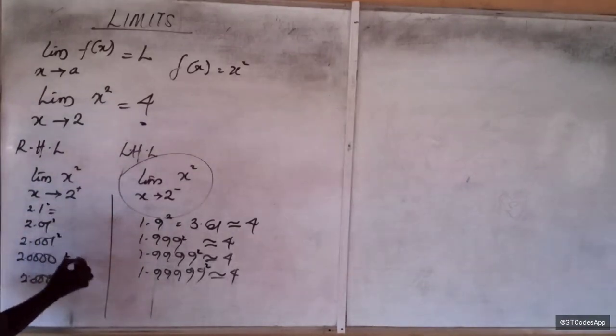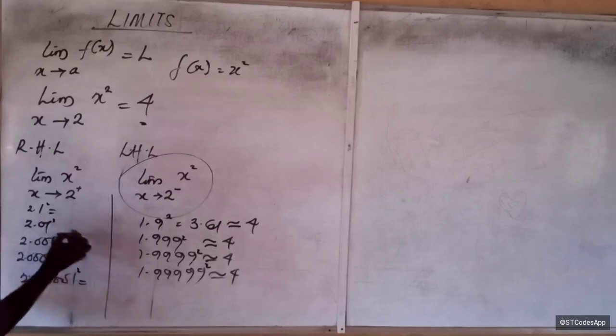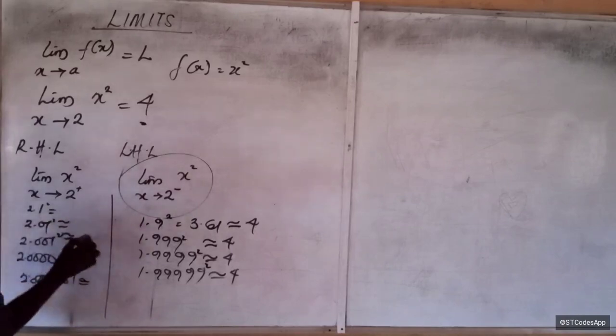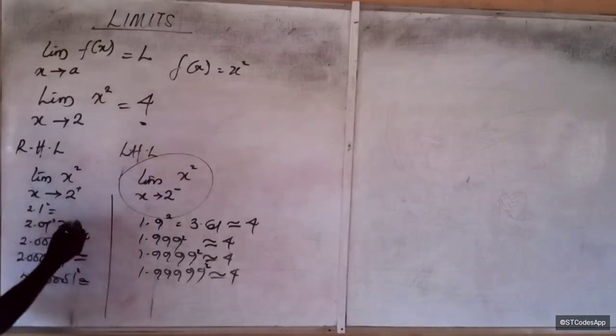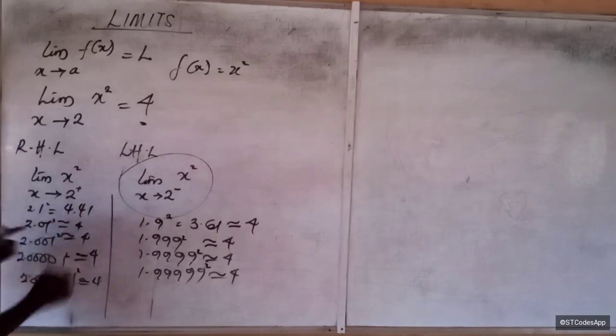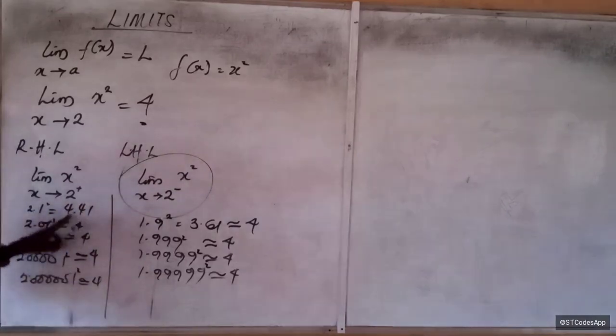So those ones tend to be closer to 2 than these ones. Do you get it? As you approach 2, as you are closer to 2, the number that this function is taking is approximately equal to what? 4. Do you understand? So 2.1 squared will give us 4.41, which is approximately 4 actually.